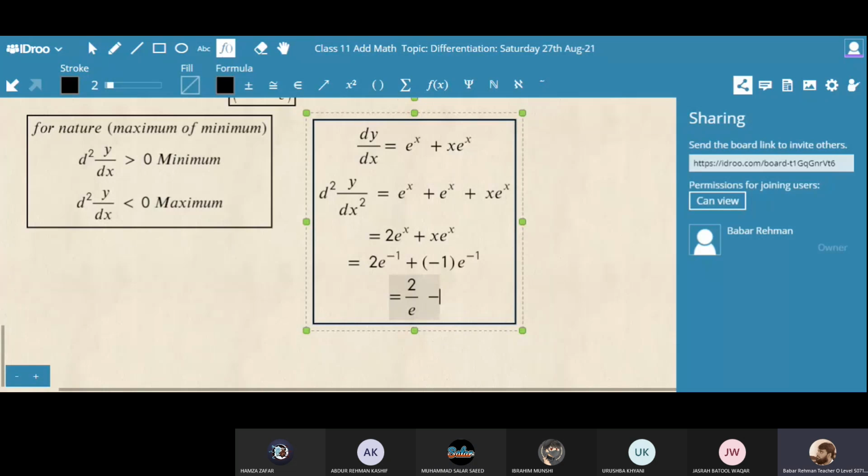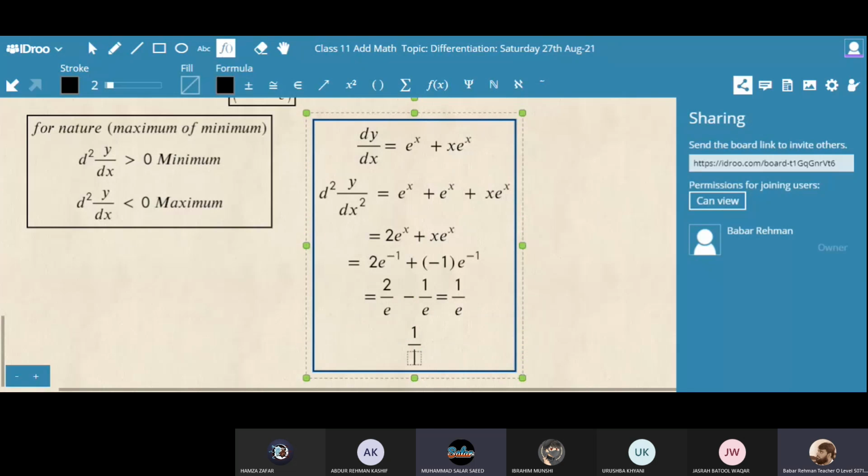So the final answer will be 1 upon e. Tell me, is 1 upon e positive or negative? Sir, positive. So it is greater than 0, so we can say the point is minimum. This is our answer.